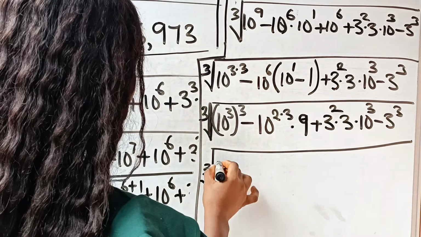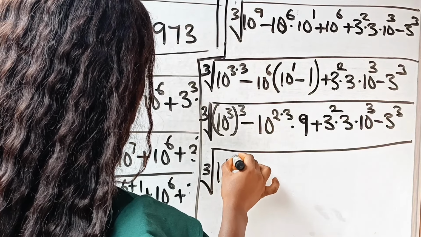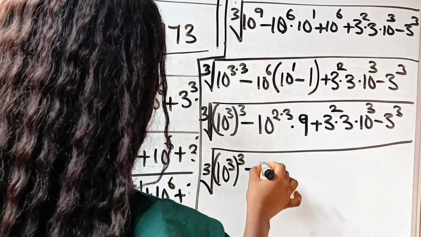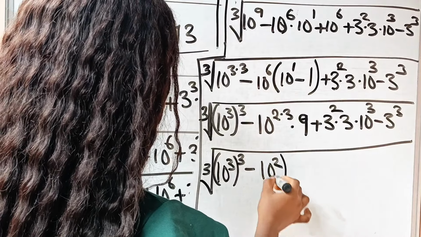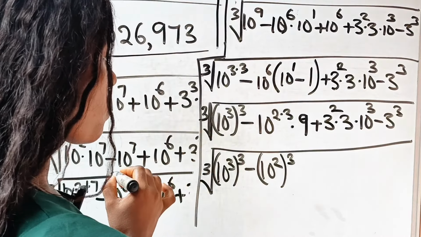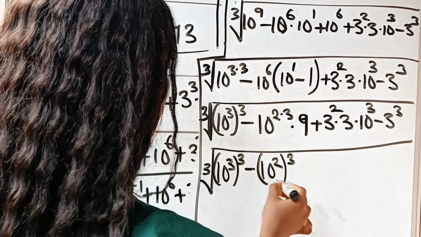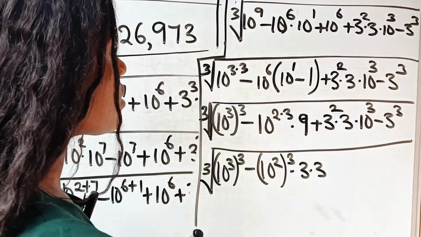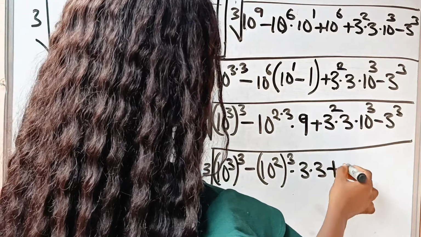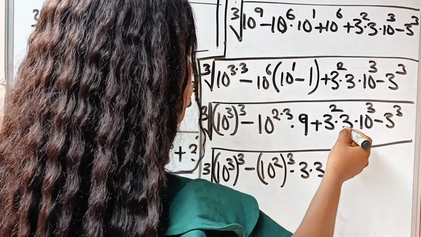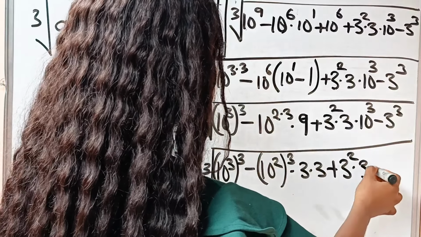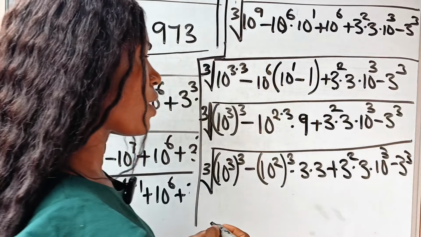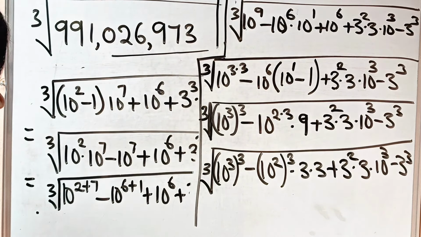So we have 10 to the power of 3 raised to the power of 3 minus, this becomes 10 to the power of 2 raised to the power of 3 as well. Okay, and 9 becomes 3 multiplied by 3. Yes, then plus, this is 3 to the power of 2 multiplied by 3 multiplied by 10 to the power of 3 minus 3 to the power of 3 as well.